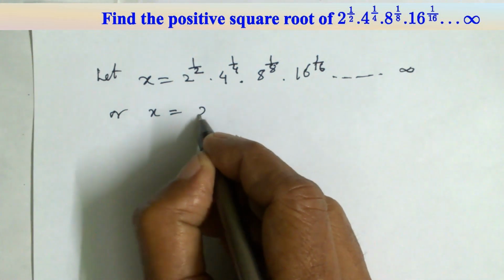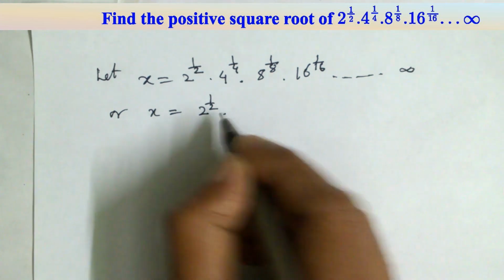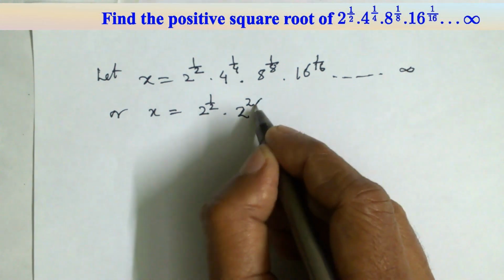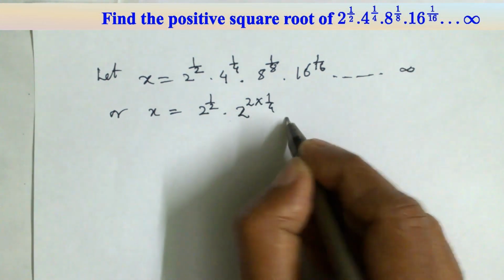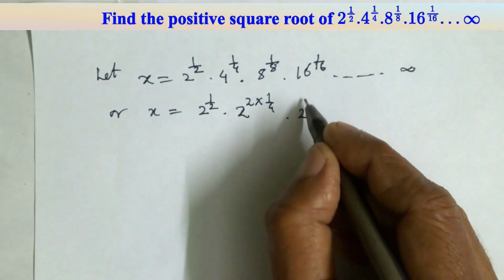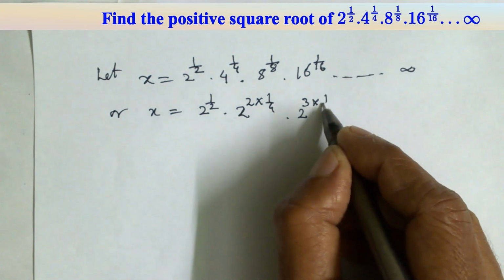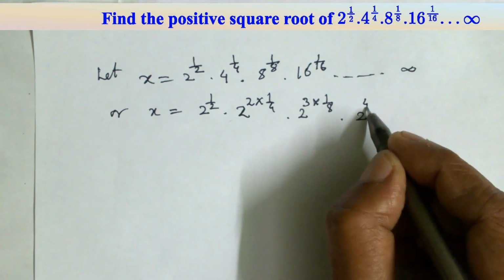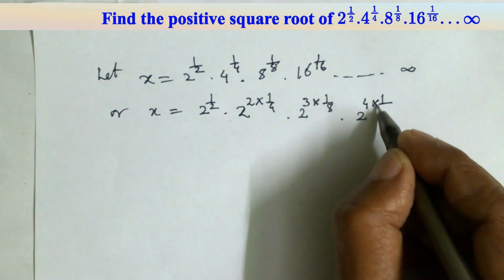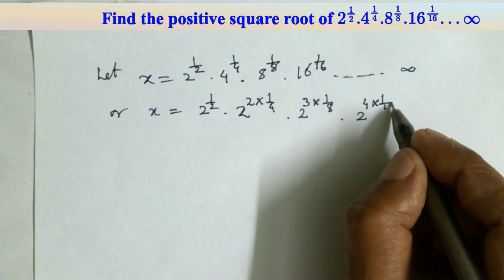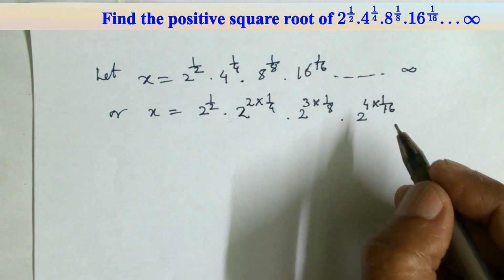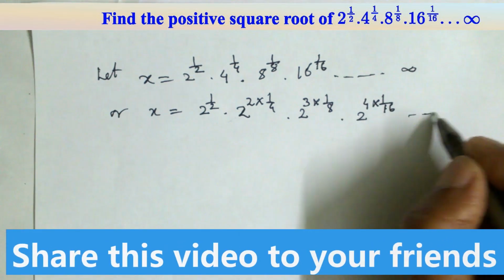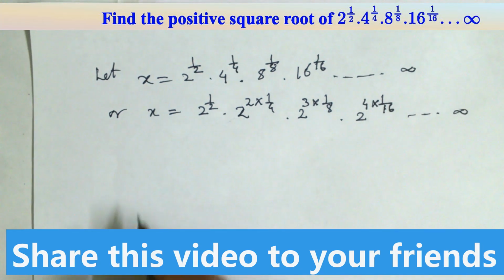So writing this way, 2 to the power half into 4 means 2 to the power square into 1 by 4, into 8 means 2 to the power cube into 1 by 8, into 16 means 2 to the power 4 into 1 by 16, and so on to infinity.